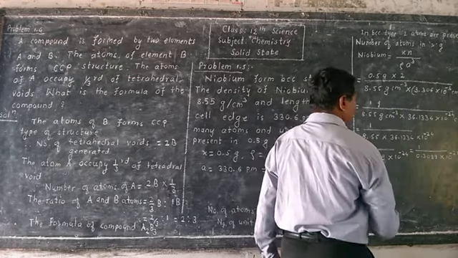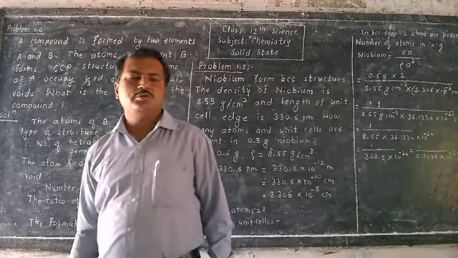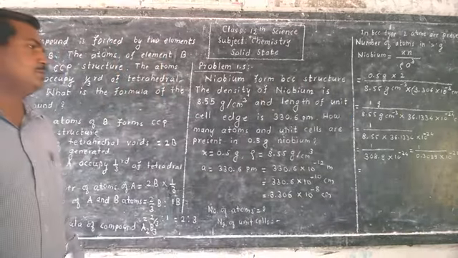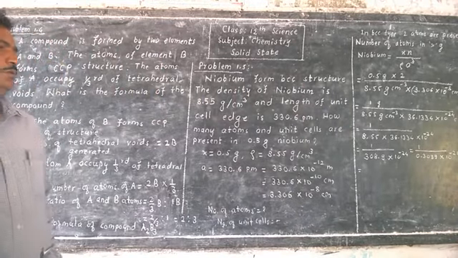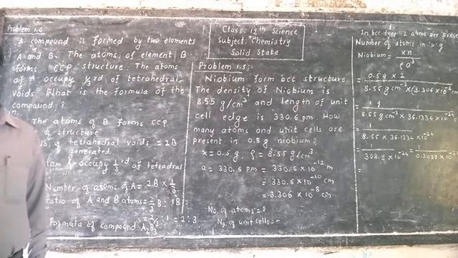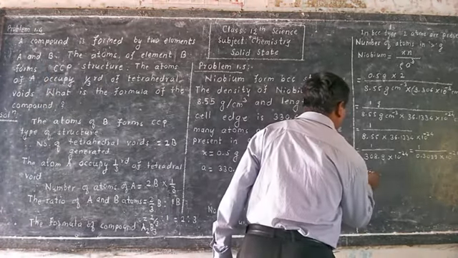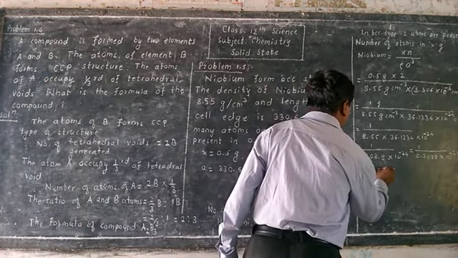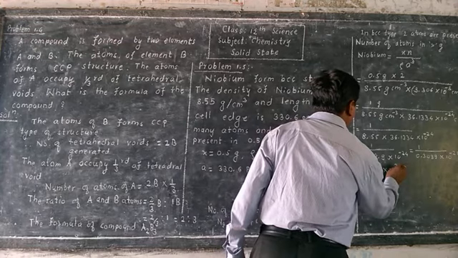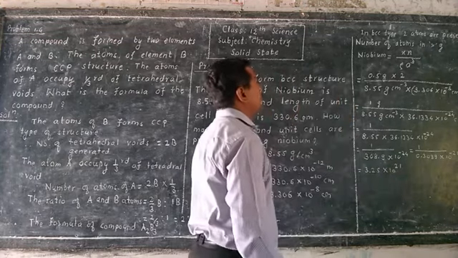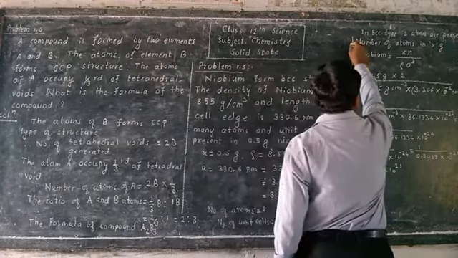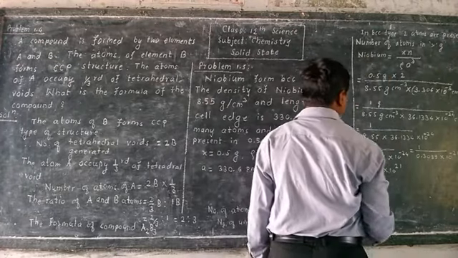The reciprocal of 0.3089 is 3.25, so 3.25 into 10 raised to power 21. These are the number of atoms in X gram of niobium.